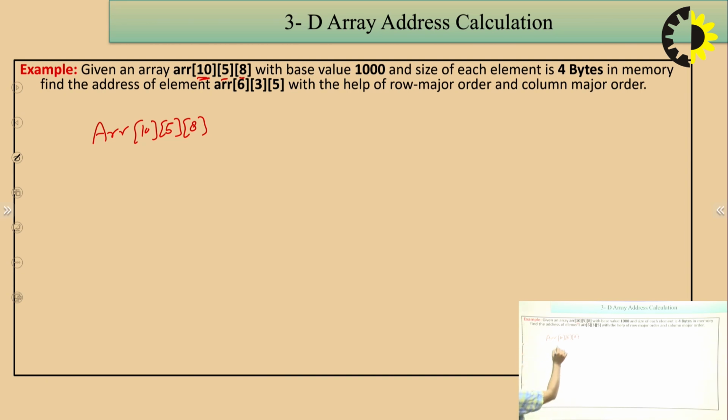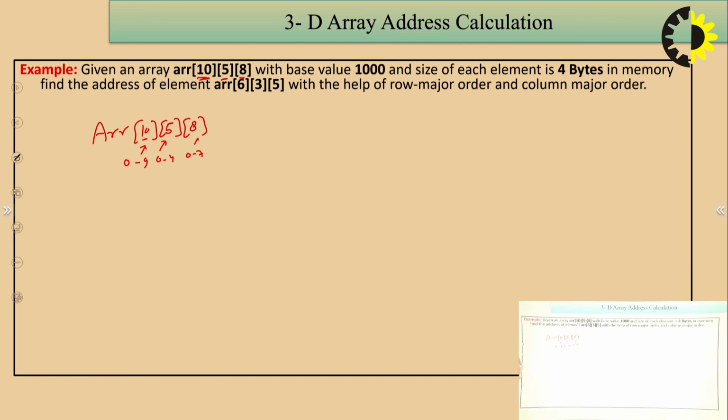So starting index for page is from 0 to 9 by default, because starting is not given, only the size is given here. Now for rows 0 to 4 and for columns 0 to 7. So here LP is 0, LR is 0, LC is 0, and upper limit is 9, 4 and 7 respectively.